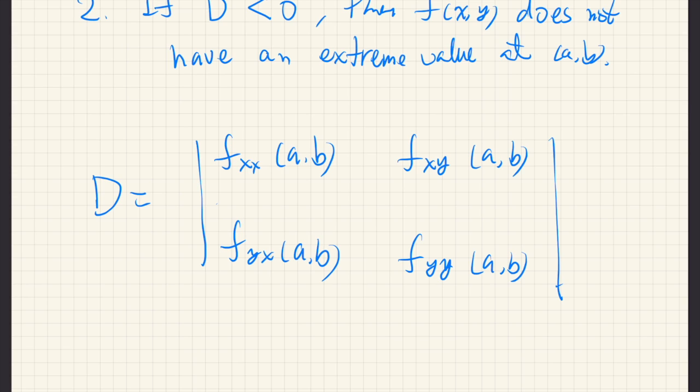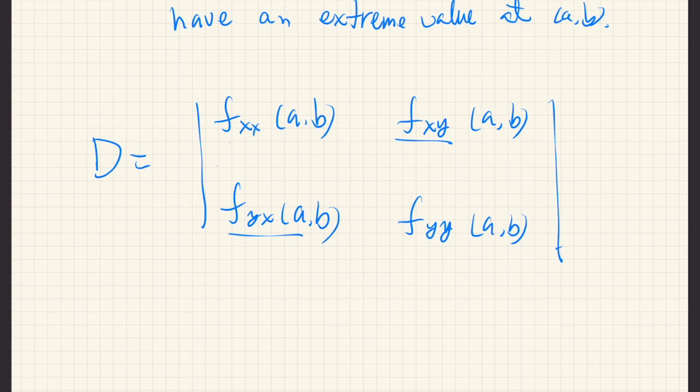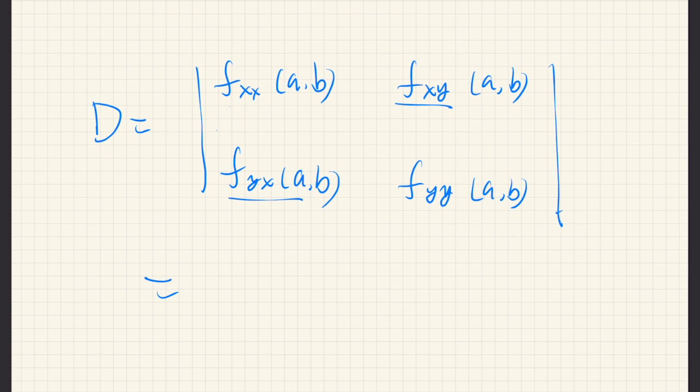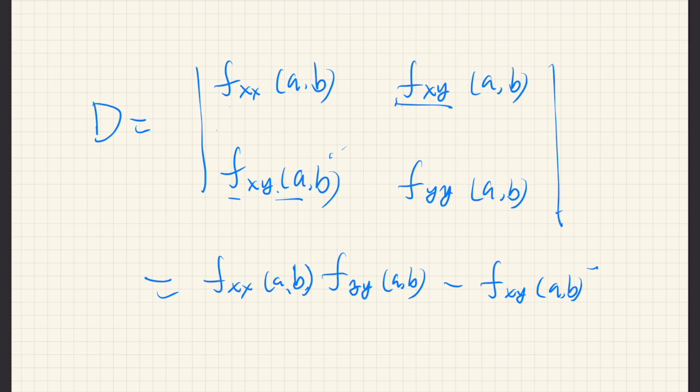But since we are assuming that this function f is of class C2, fyx and fxy are identical. So we can just replace this with fxy here. If you calculate this determinant, then we have fxx(a, b) times fyy(a, b) minus fxy(a, b) squared.